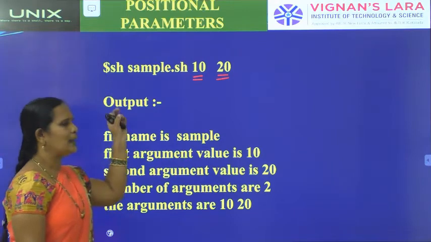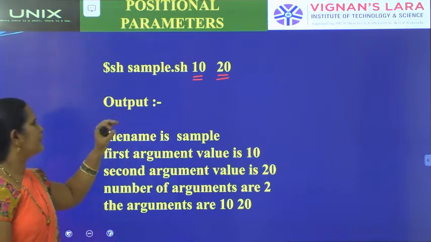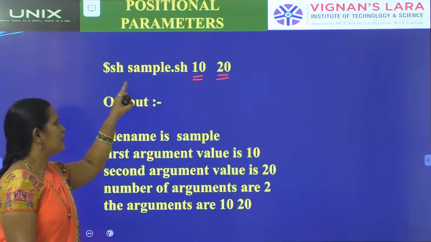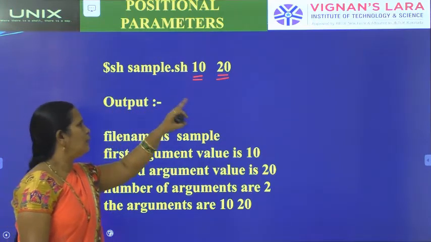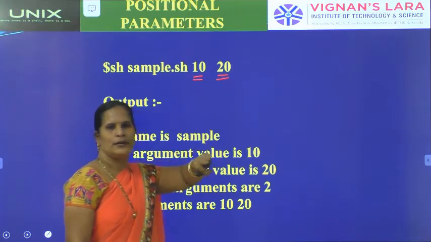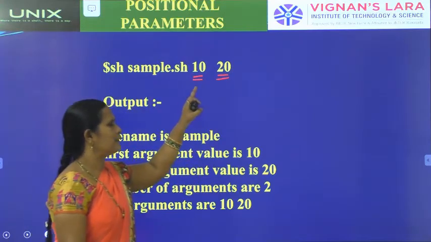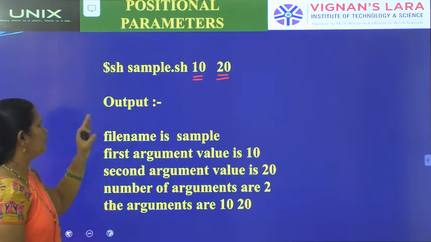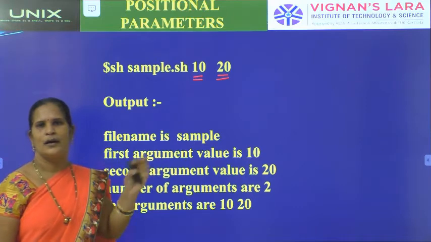So sh sample.sh followed by 10 space 20. We have to separate these by using spaces, not commas. Then it is going to display the output.